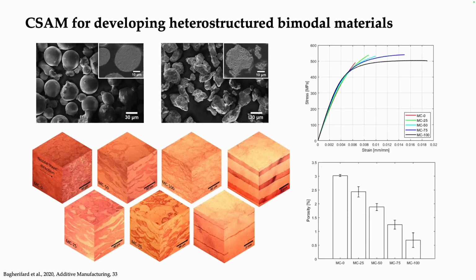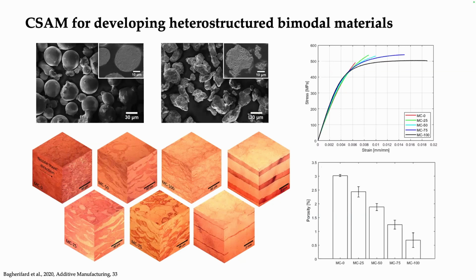This is an example of what we have done in our lab, combining two powders of the same chemical composition but with totally different grain size, starting from the gas atomized microcrystalline powder and ball milled powder of the same chemical composition but totally nanocrystallized. And here are the cubes taken from the cross section of samples where we mixed these two powders with different volume ratios, 25-75, 50-50, and 75-25 of nano to micro.